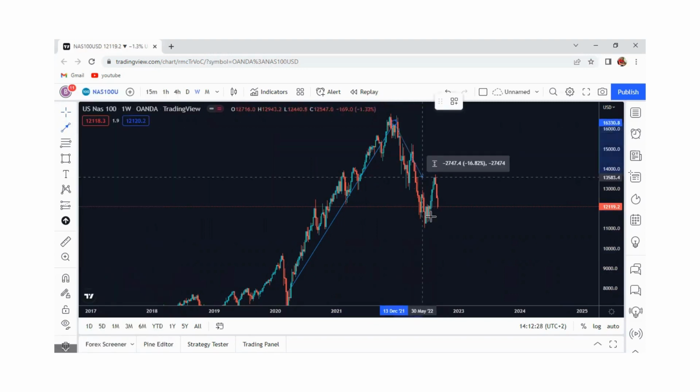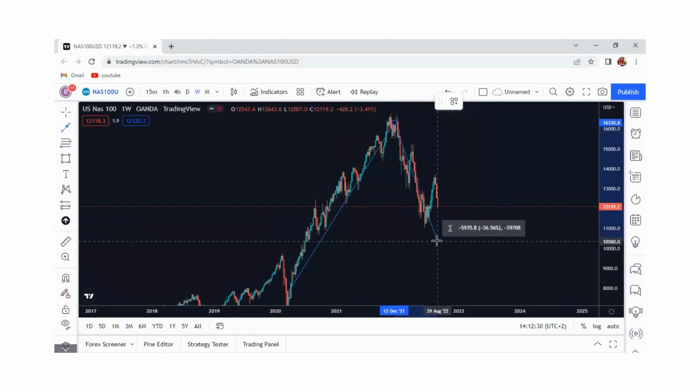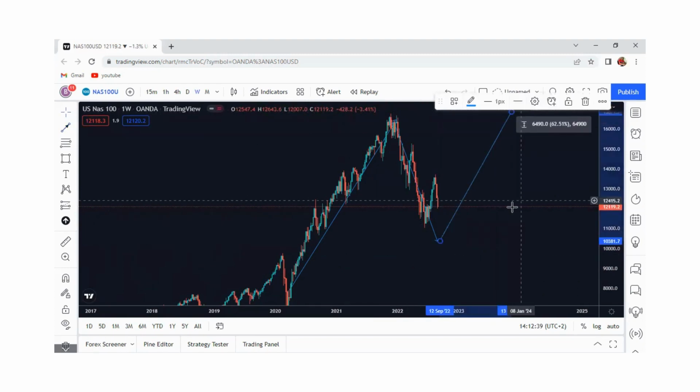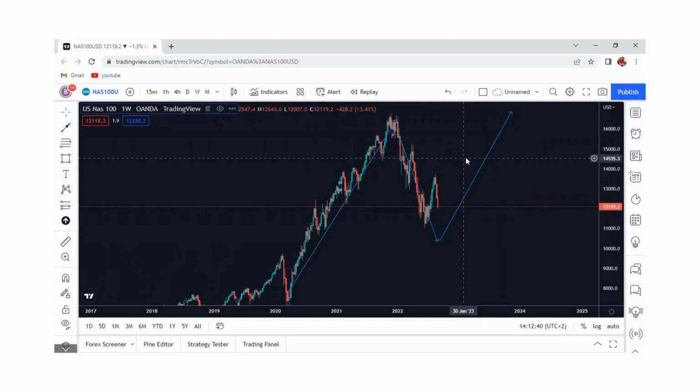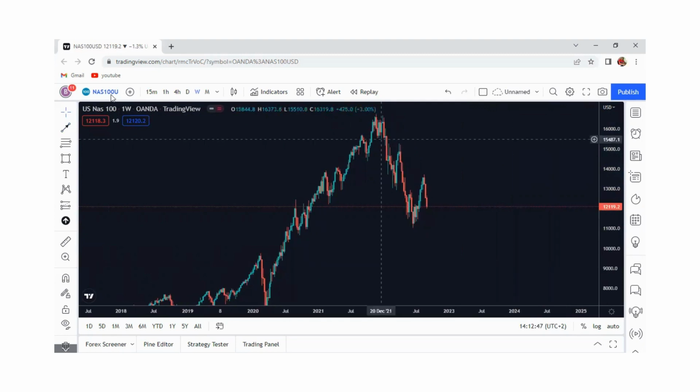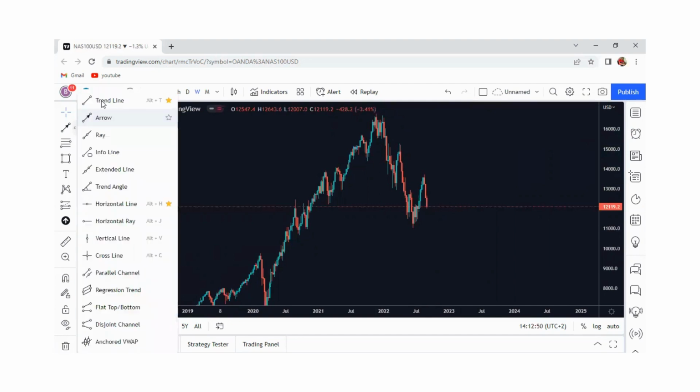For me, this is a bigger correction, and then you're going to get another big impulse. So this is what I think is going to happen on Nasdaq 100. Remember guys, this is the weekly time frame. So let's start analyzing it.